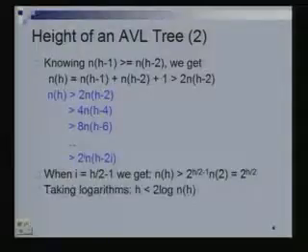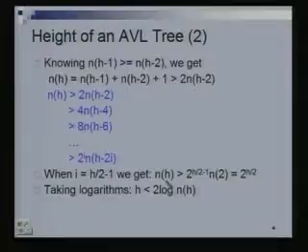Yeah. So now suppose I were to take logarithms, what would I get? I would get that h is less than 2 times log of n. So if I have an AVL tree on n nodes, then n of h is actually less than n, because I have an AVL tree whose height is, let us say, h, and it has n nodes.